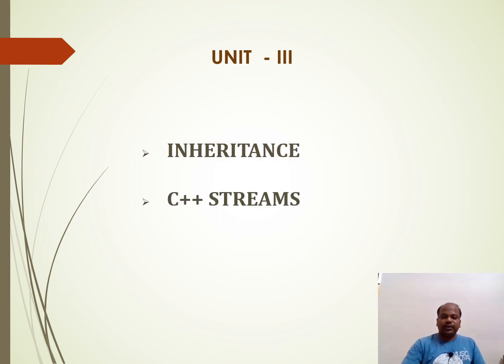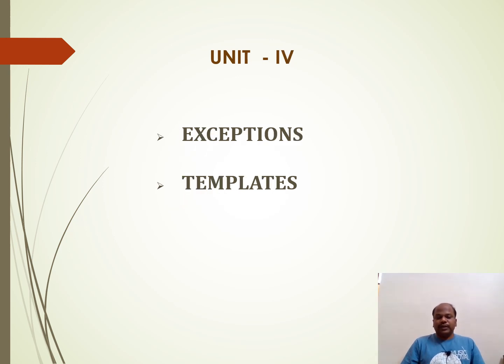And coming to unit 3, we have the concept of inheritance and C++ streams. Inheritance is one of the concepts of object oriented programming. Coming to unit 4, we have exceptions and templates.